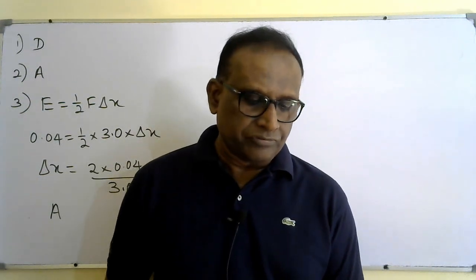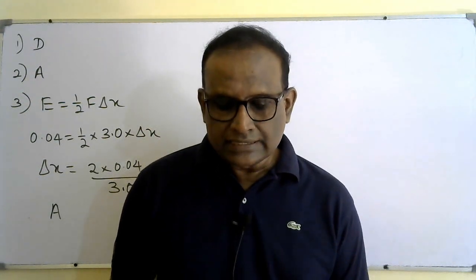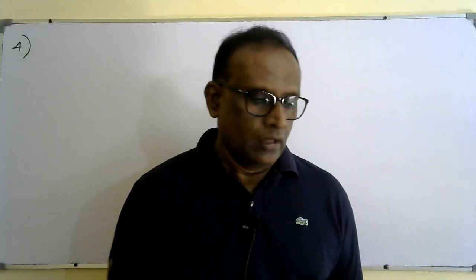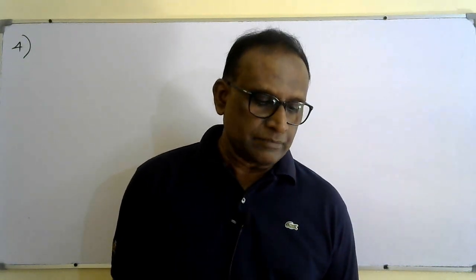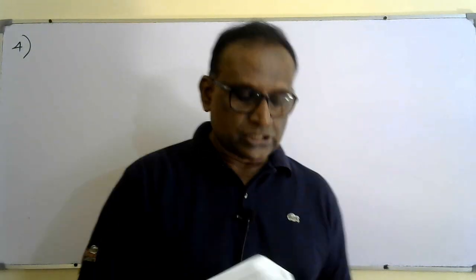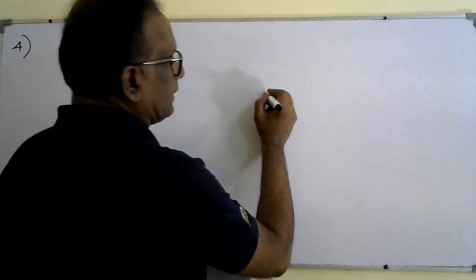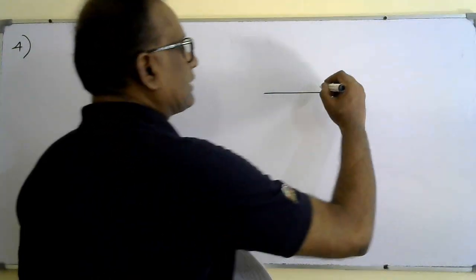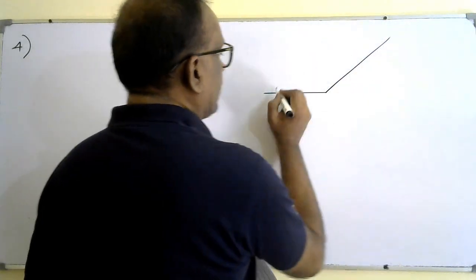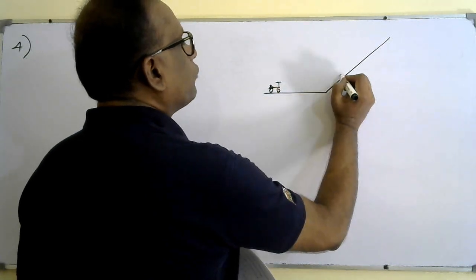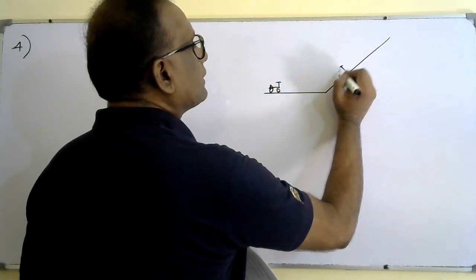Okay, question number 4. A cyclist moves along a horizontal road at a constant speed. She then moves at the same speed up a hill with constant gradient. So the slope is constant. Initially the cyclist is moving on a horizontal road, then constant gradient means the slope is constant, so the cyclist is climbing like this.